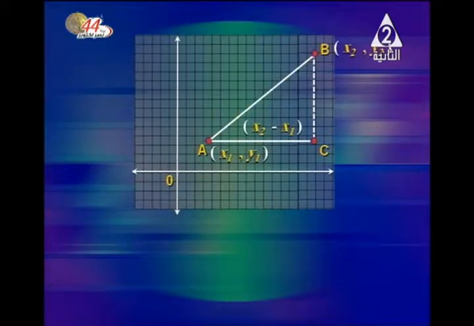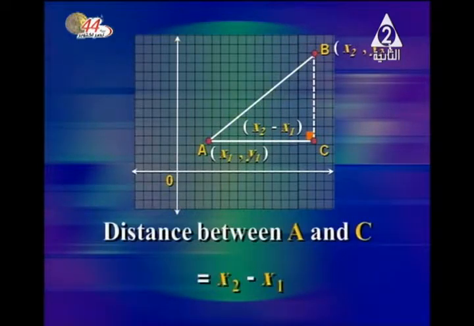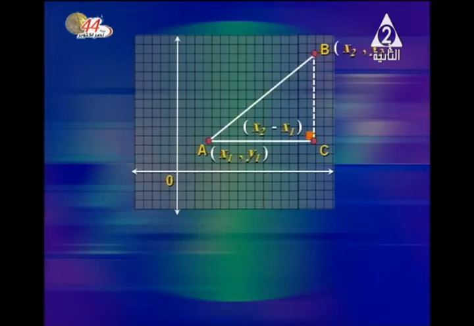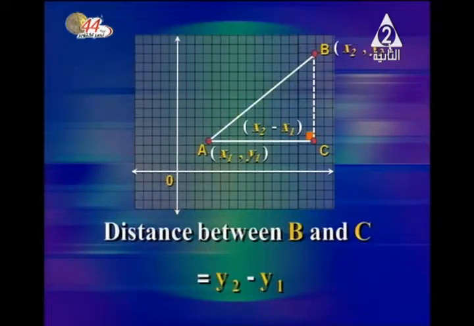You are going to notice that AC is parallel to the x-axis, so it is x2 minus x1. And BC is parallel to the y-axis, so it is y2 minus y1. This means that the distance between A and C will be x2 minus x1, and the distance between B and C will be y2 minus y1.